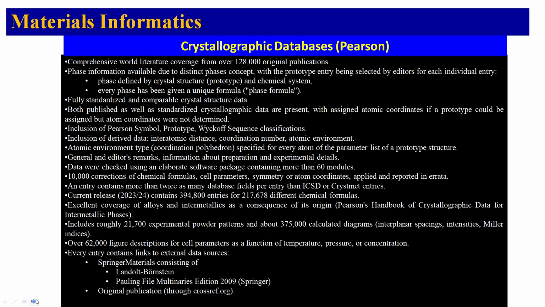So, it can provide comprehensive world literature of over 128,000 original publications, and it can provide you phase information like crystal structure, chemical structure systems, unique formula. It can also provide you various kinds of crystallographic data like atomic coordinates, crystal structures, their lattice parameters, Wyckoff notations, and many more.